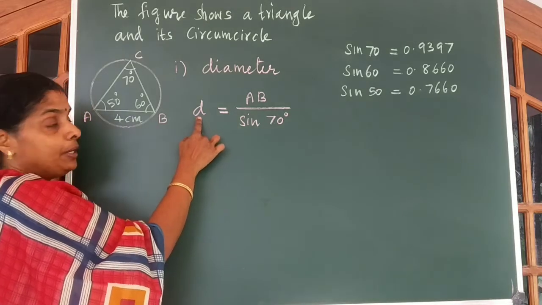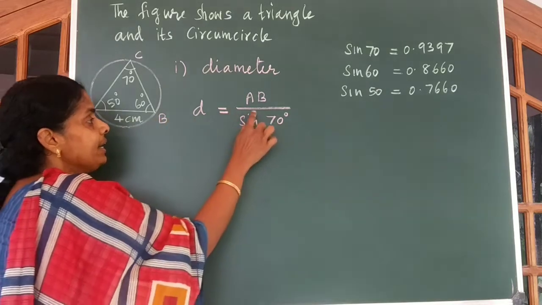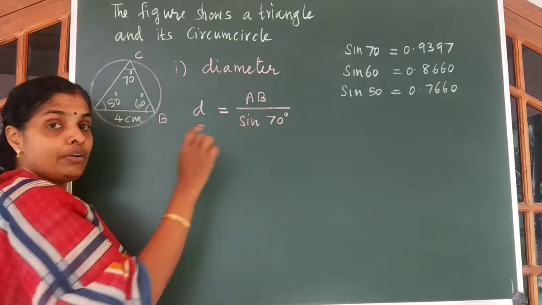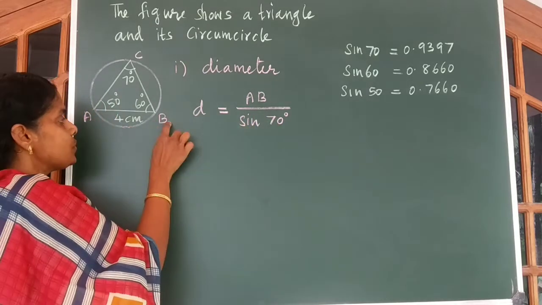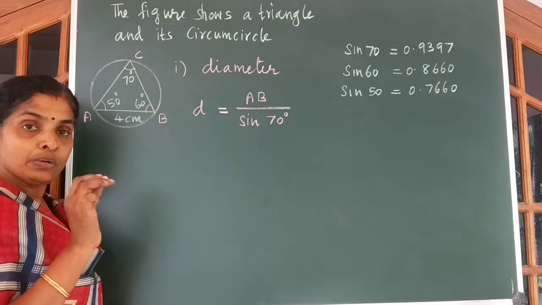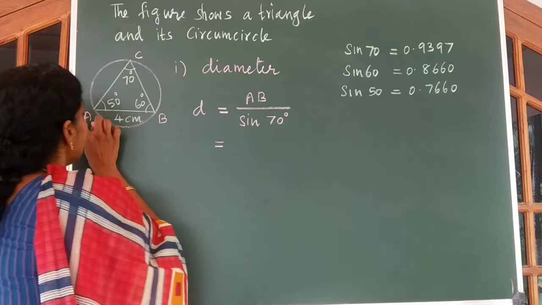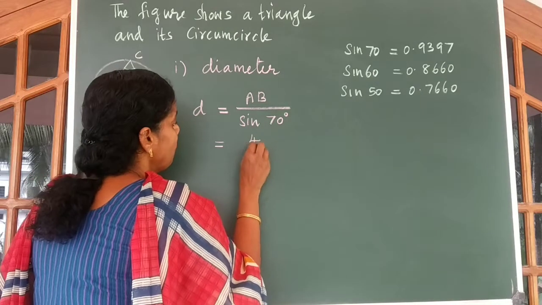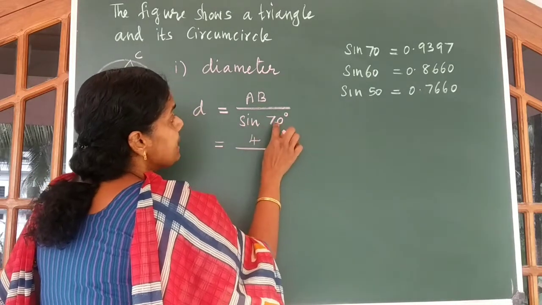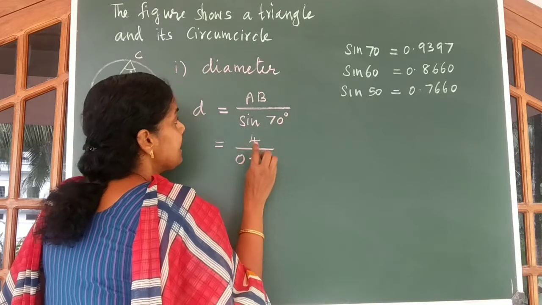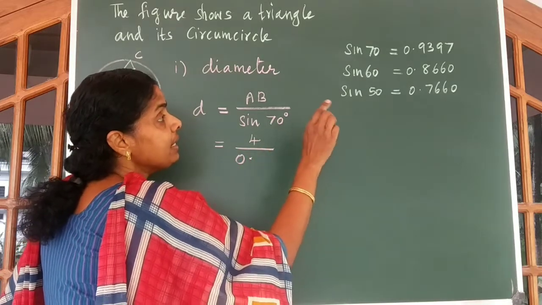Now let us divide AB's measure, that is 4 divided by sine 70. Sine 70 is 0.9397.